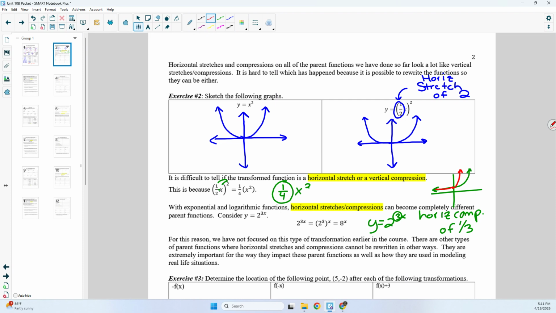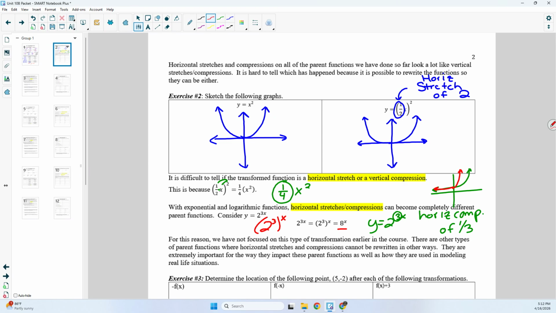And here's 2 to the 3x, compressing it in. You can see that also looks like a vertical stretch. And in addition, I can actually rewrite it as a completely different parent function. So I could write that as 2 cubed, which would be 8 to the x. So because we have these different ways of looking at things, and it doesn't seem super important to have a horizontal stretch on its own, we haven't talked about them much.